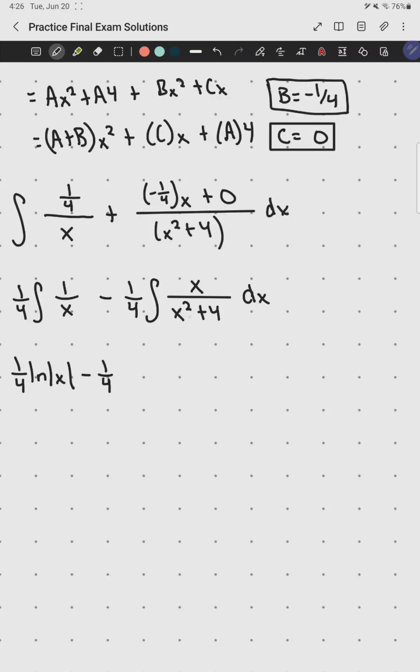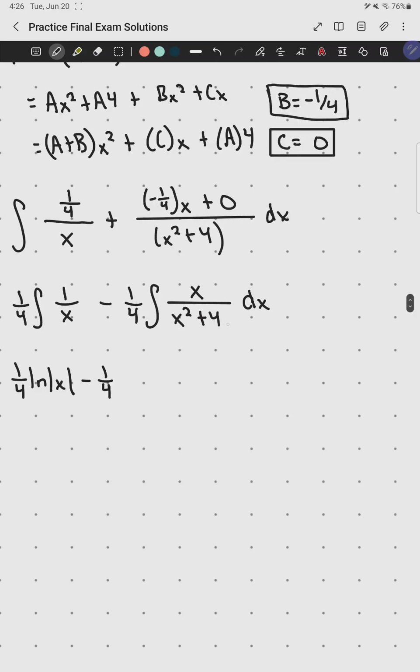When we do our u sub, our u is x squared plus 4. Our du, more or less, is 2x. And then we want to get dx by itself. We're going to have du over 2x. It'll cancel out this x right here, which leaves you with 1 over u. And because you have that 1/2, this becomes a 1/8 ln of x squared plus 4 plus c.